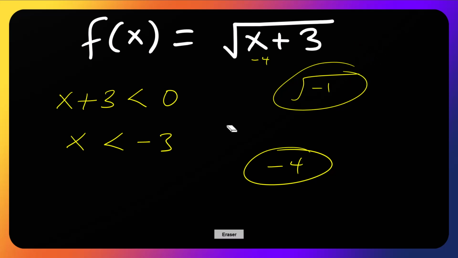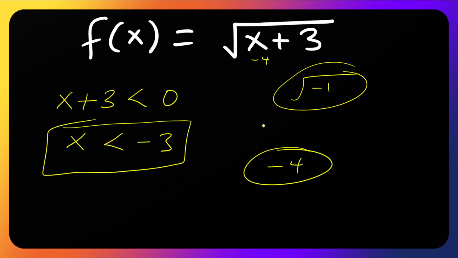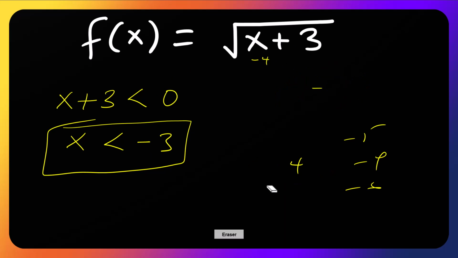So we are in good shape here. Anything less than minus 3, like minus 5, minus 4, minus 6, is less than this, and once you put it here, it will make this one undefined.